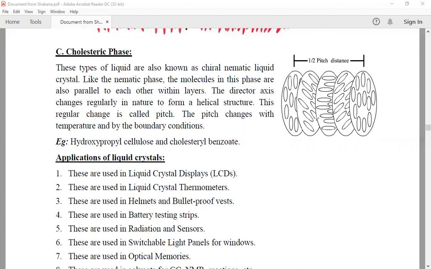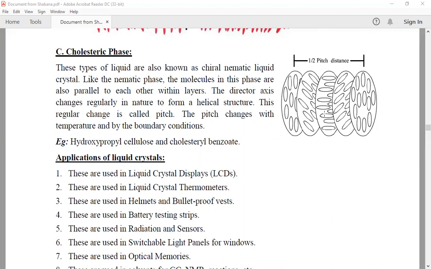Chiral means it has different shapes in one layer, which do not match from one to another. The structure of these crystals is similar to nematic liquid crystal, but each plane of the molecules is twisted slightly in relation to the plane above and below.